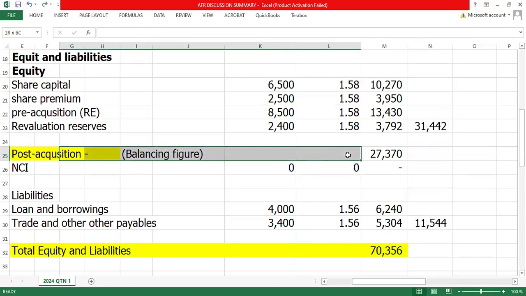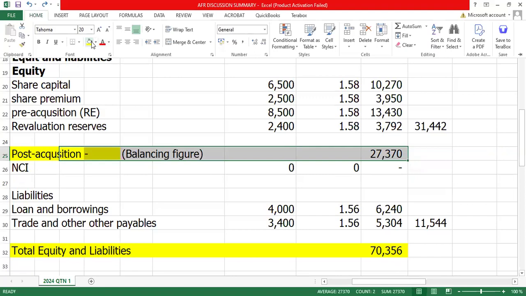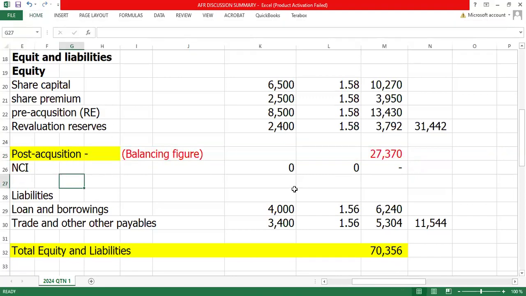That is our balancing figure. Please confirm that that's what you have using your calculator. I'm confirming. That's our balancing figure.